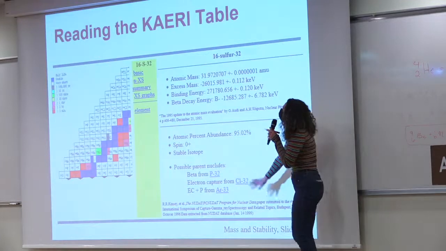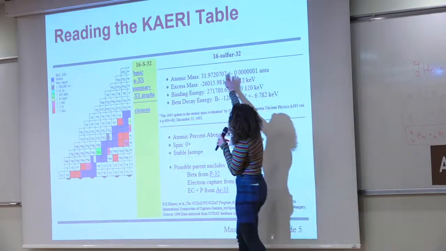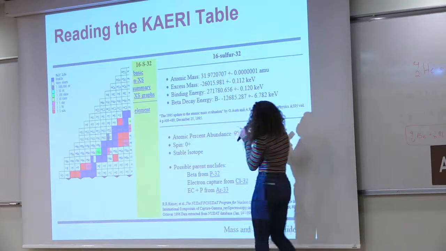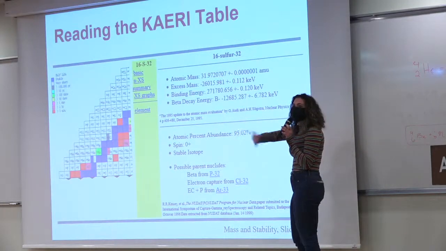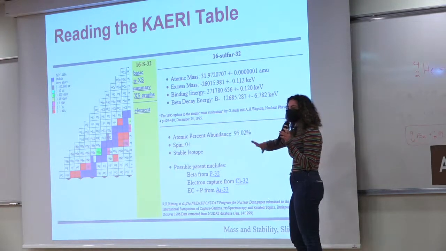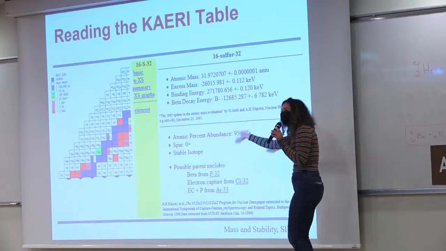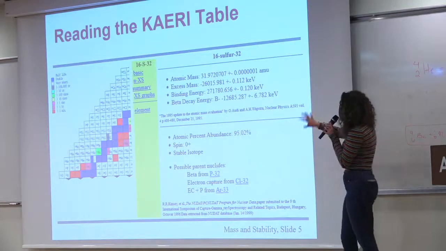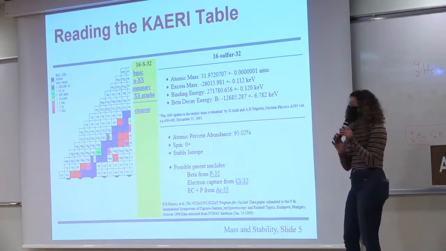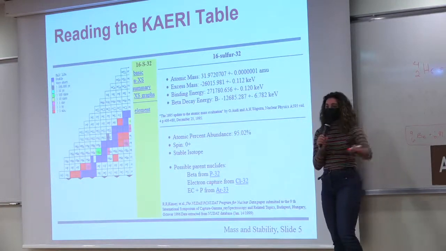Okay, here we go. So we have the atomic mass, to a pretty exact decimal point, in atomic mass units. And you guys know that that's roughly the amount of protons plus the amount of neutrons, yeah? Then we have the excess mass and the binding energy. These are very related.